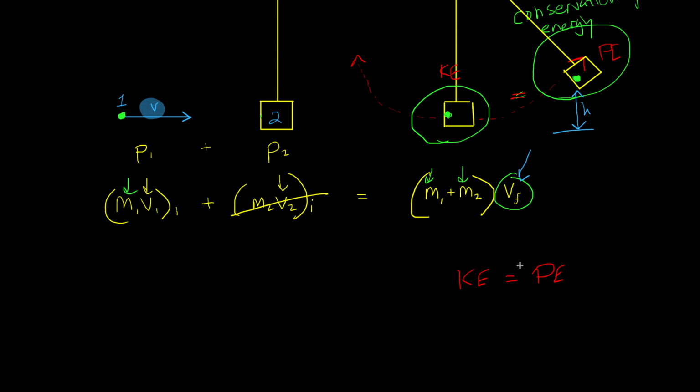Now you understand that both of these have equations of their own. Kinetic energy, if you can recall, is equivalent to the object's mass times velocity squared over 2, where the potential energy due to the object's gravitational acceleration and height can be written as mass times gravity times height.